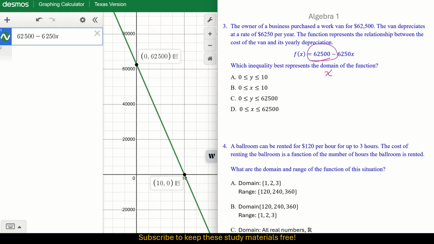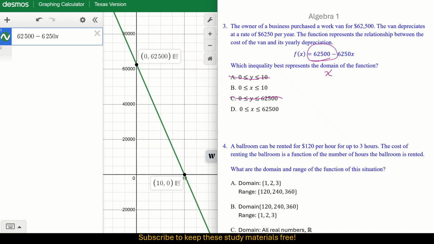And we know that because it's domain, we are not going to select any y values at all. Now, our x values along our x-axis, we know that we need to start at 0. We would go from 0 to 10 because we're discussing years and it's real world, so we have no negative values.